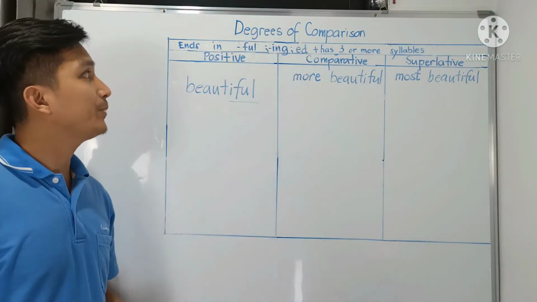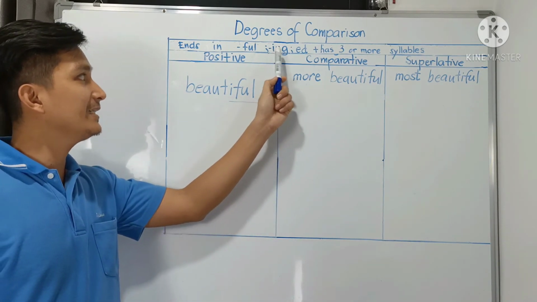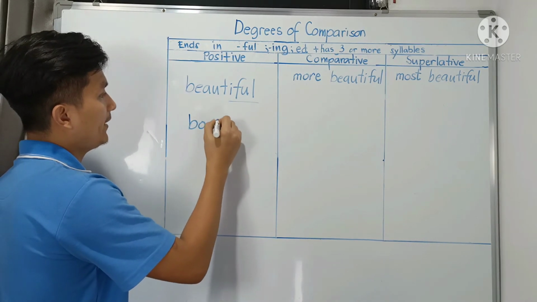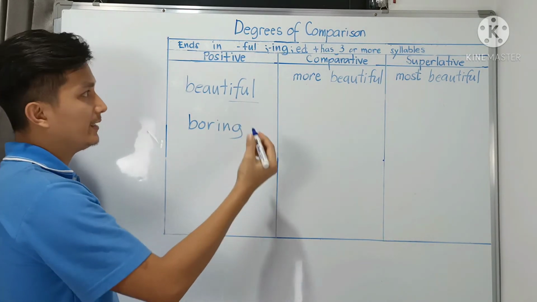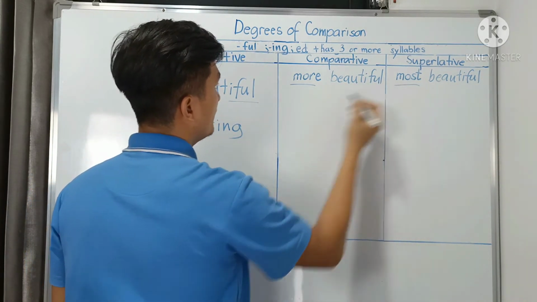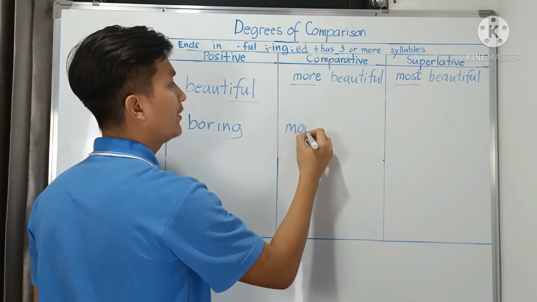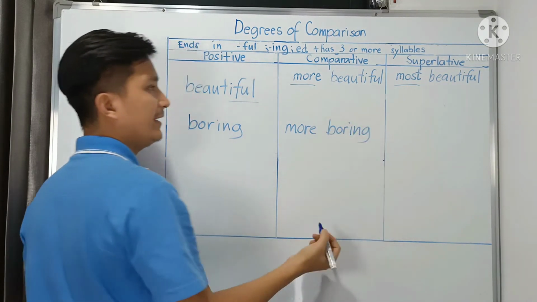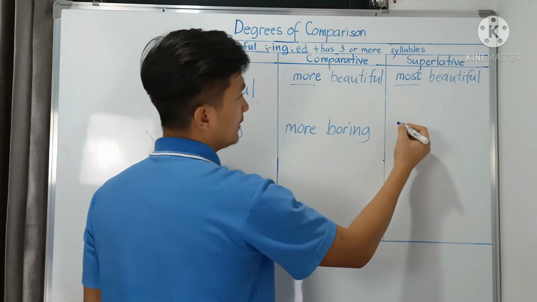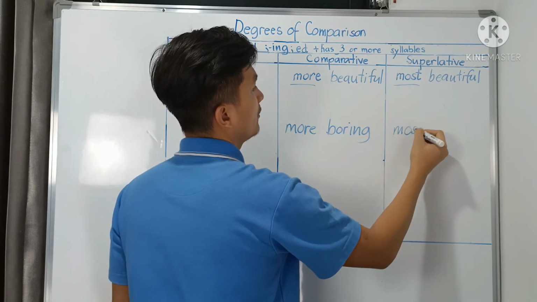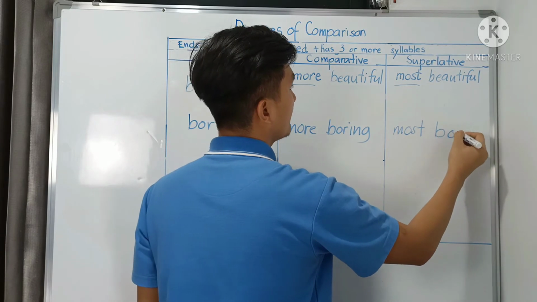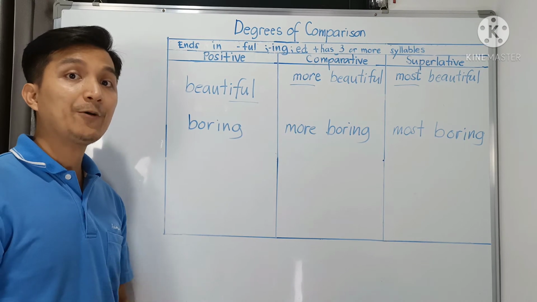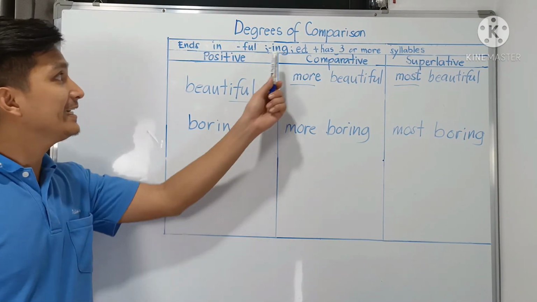How about the positive that ends in ING? For example, the adjective boring. We're going to write more boring. And here at superlative we're going to write most boring. How about the adjective that ends in ED?